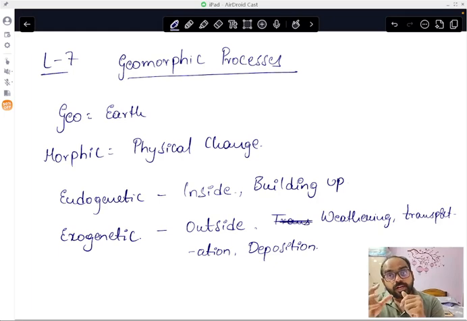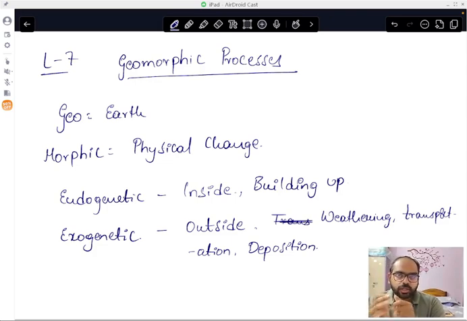And the relief features on those continents, like mountains, are formed due to endogenetic force only. I'm not talking about the features that you see on them. If a mountain formed through an endogenetic process is very steep, through exogenetic processes it may become gentle also. The physical features that we see today are due to the effect of exogenetic forces.